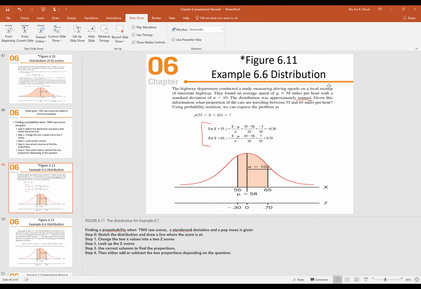So the mean is 58. So our score of 55 is below the mean, and our score of 65 is above the mean, so that's the positive Z score. All right. Then we are going to look up those two Z scores. All right, so let's continue with this question.